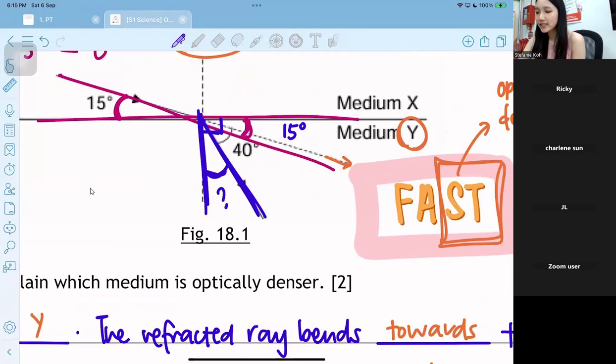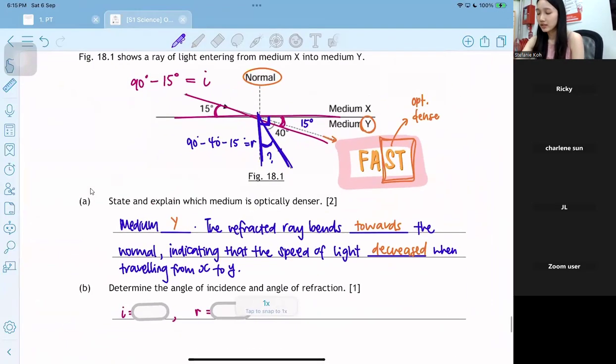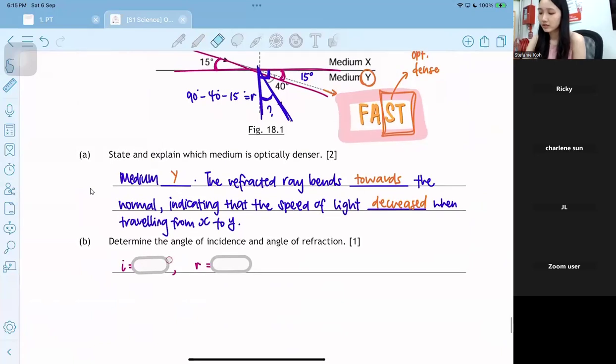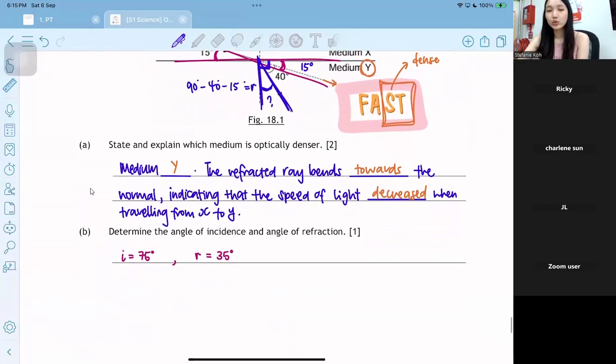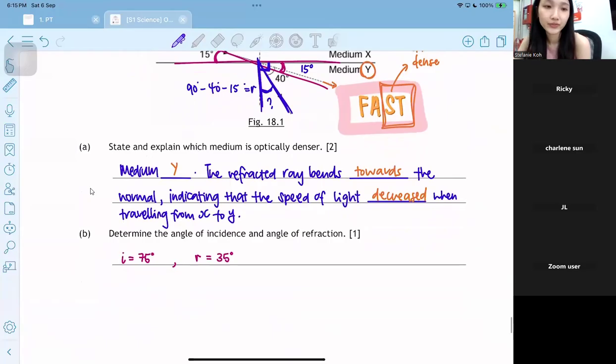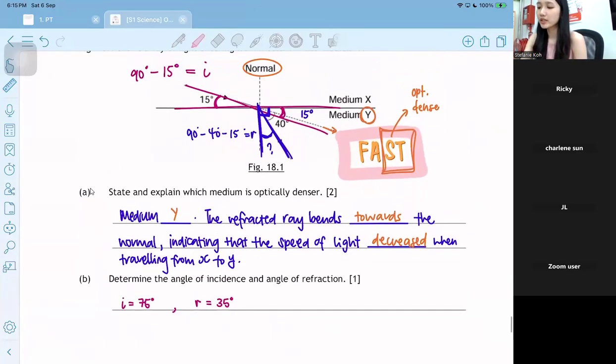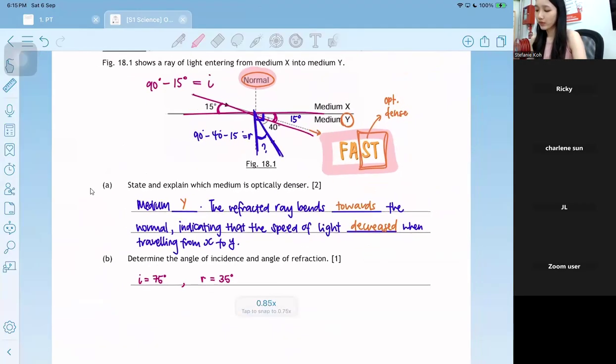Again, the normal is 90 degrees to the mirror. 90 minus 40 minus 15. You will get your R. Alright? I equals 75, R equals 35. Okay, so that's why the normal is very important. It's always with reference to the normal. Alright.